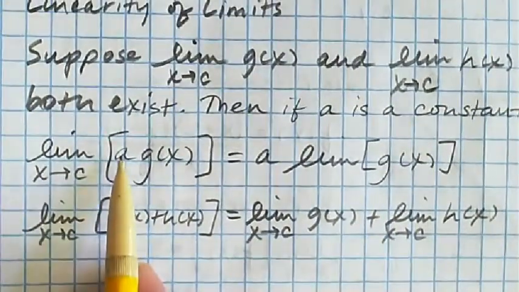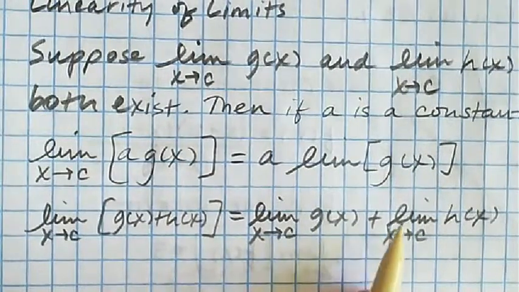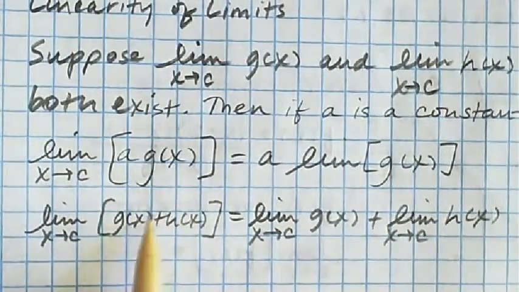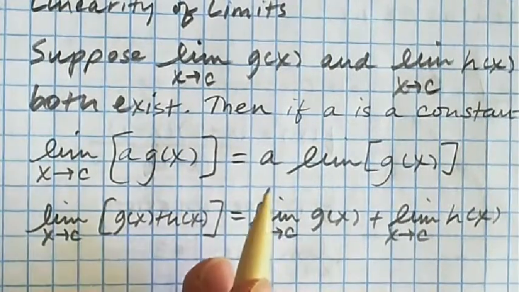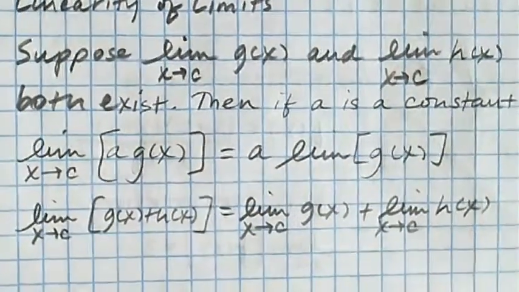Now, with a equals -1, that could give you subtraction or any constant multiples of any of these, or linear combinations really is what I would call them.